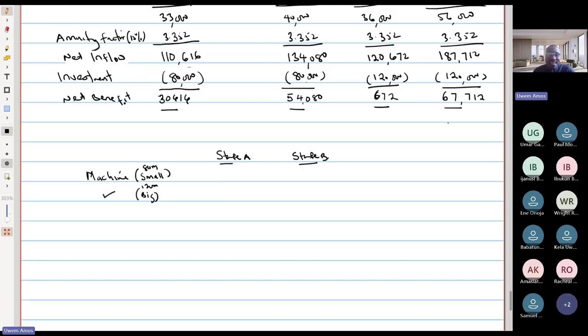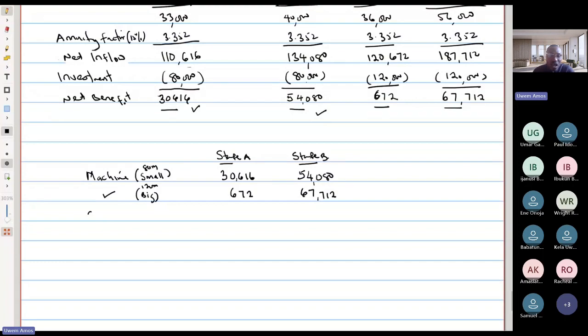Our machine A state A is 3616. Our machine A state B, which is the small machine, is 54080. Let's go to the big machine, which are the last two. The big machine state A is this one. The big machine state B is this one.